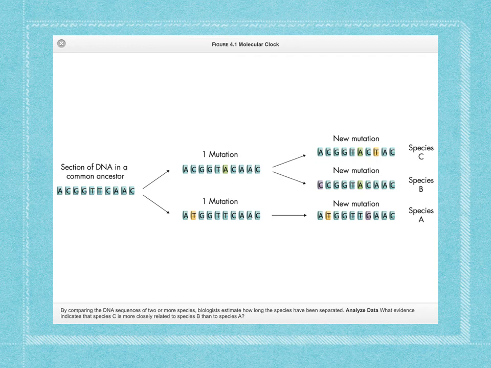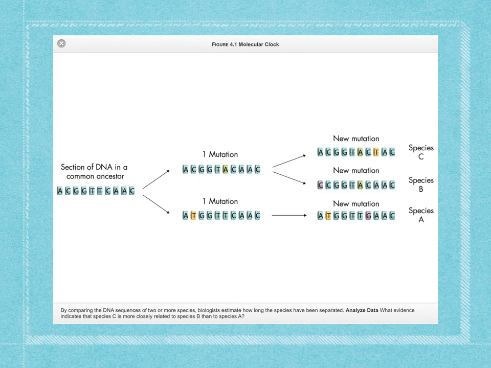You can see on the top one that there was a T, and now it was substituted for an A. And then on the bottom strand, there was a C, and it got substituted for a T. Then on the top strand, you see two other mutations happen. In the bottom strand, one more mutation happens.